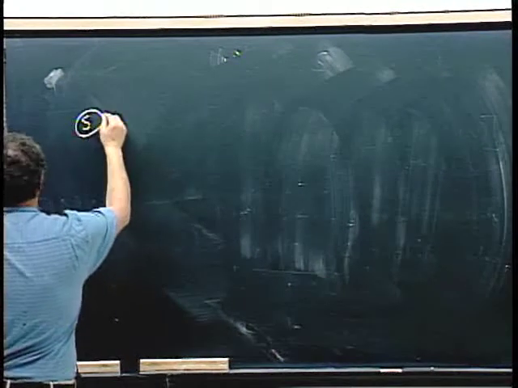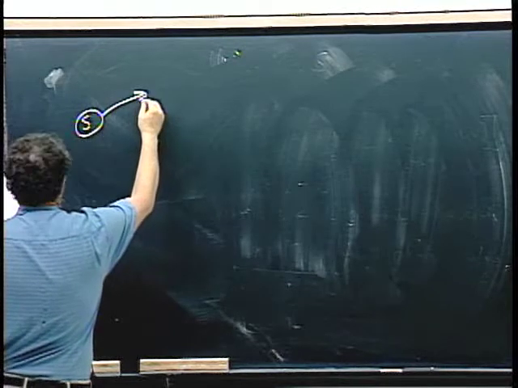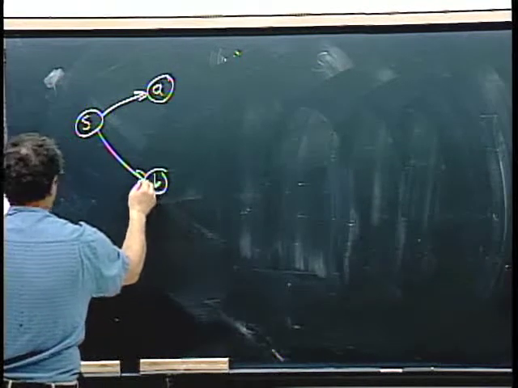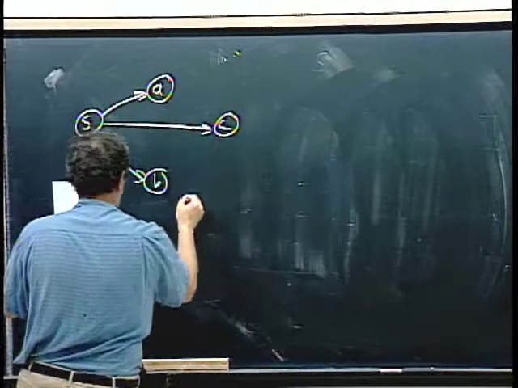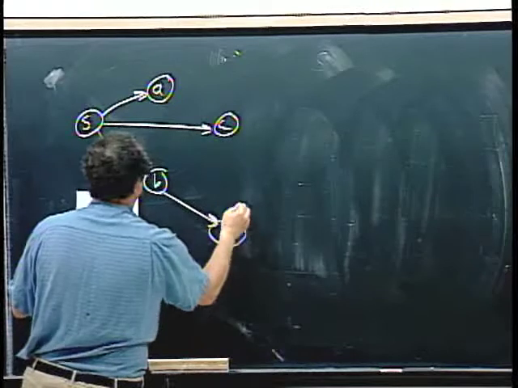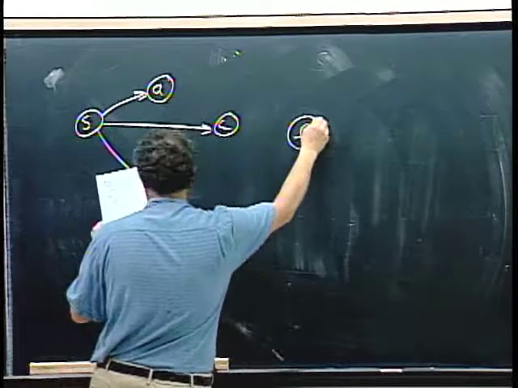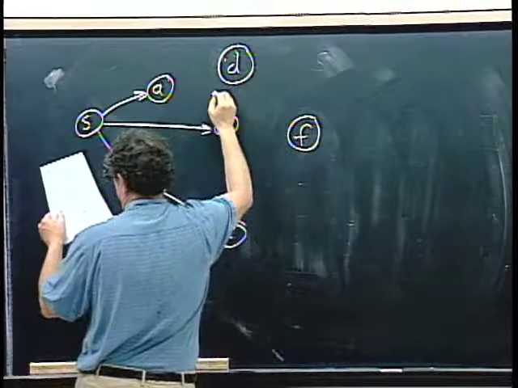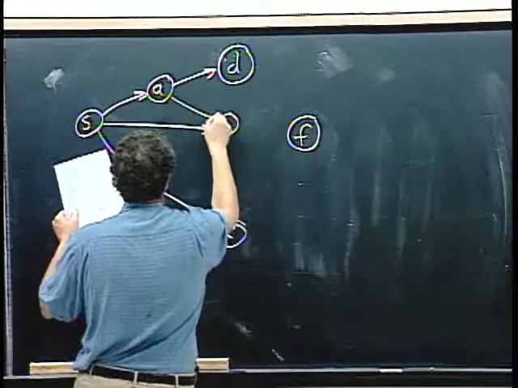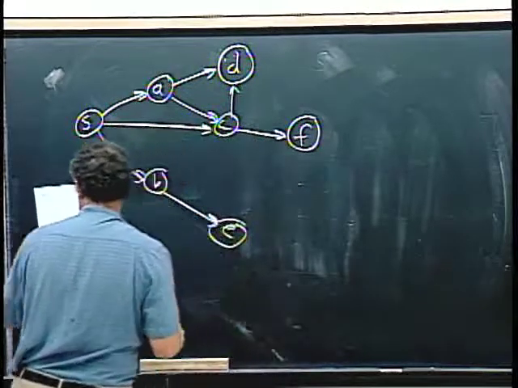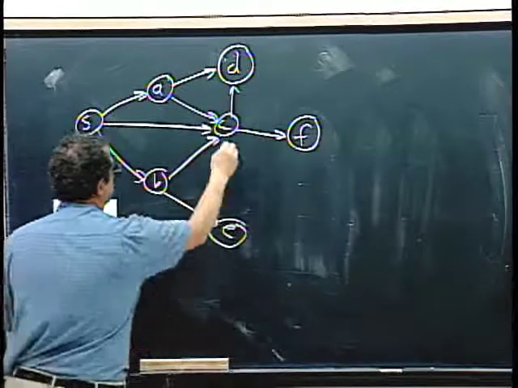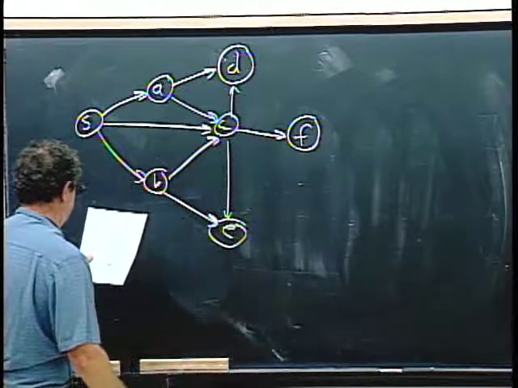Okay, so let's have this graph. There's a little s there, and then an edge to a node A, an edge to a node B, an edge to a node C. It goes directly there. One to E, one to F, and D. Here, here, here, and one more there.